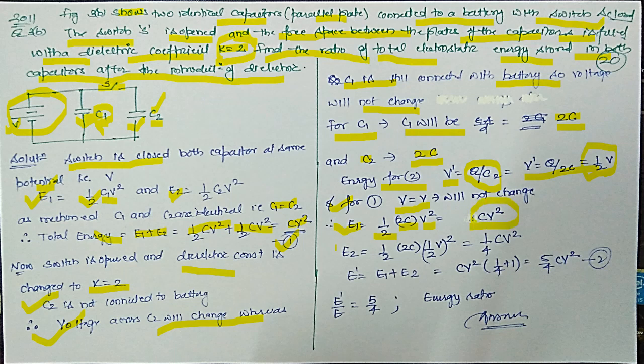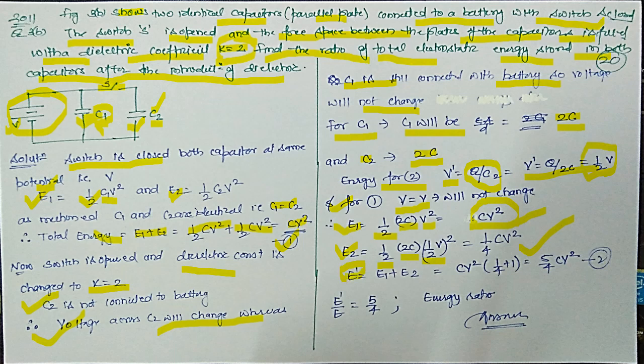For capacitor 2, the energy associated is E2, which is equals to 1 upon 2 twice of C because the capacitance has changed, and voltage also has changed, which is equals to 1 upon 2 V, and then its square. Okay, so if you simplify it, you will find this is equals to 1 upon 4 CV square. Now you need to add these two terms and you will get the new electrostatic energy associated with these two, right?